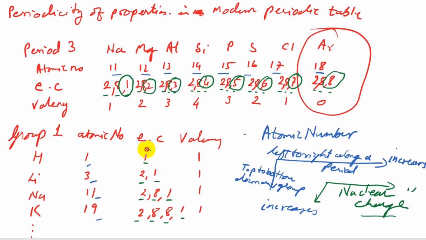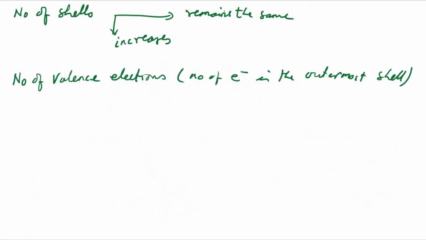And here 1, 1, 1, 1, so what is happening? From top to bottom, the number of valence electrons remains the same.